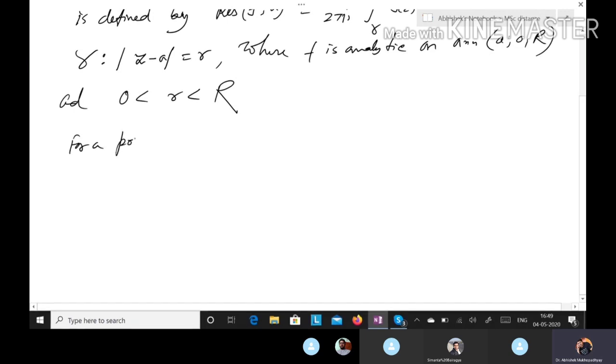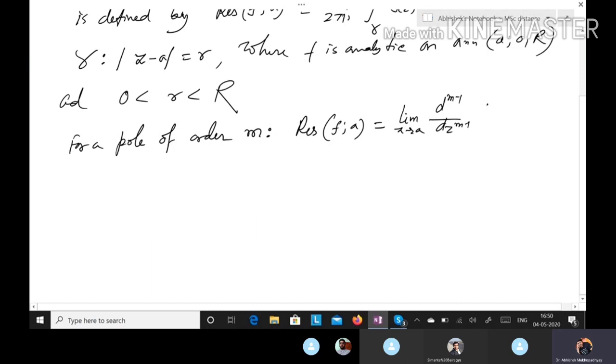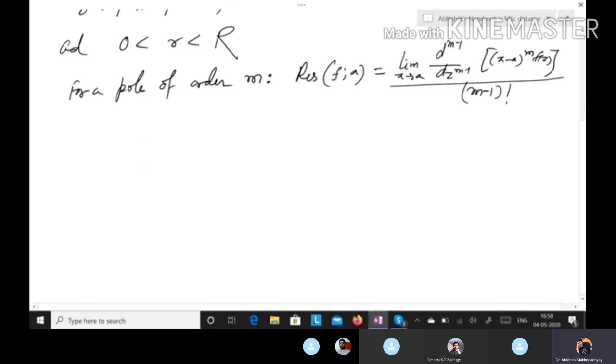For a pole of order m, the formula has been derived as the limit, as z tends to a, of 1 by (m minus 1) factorial times d^(m-1)/dz^(m-1) of (z minus a)^m f(z). We have already discussed this formula.